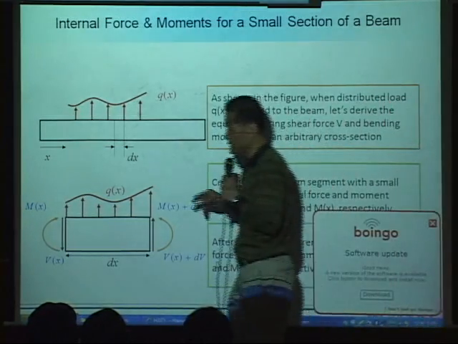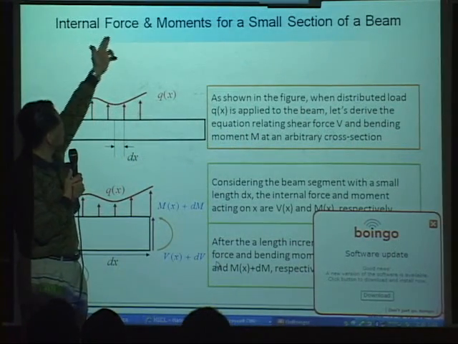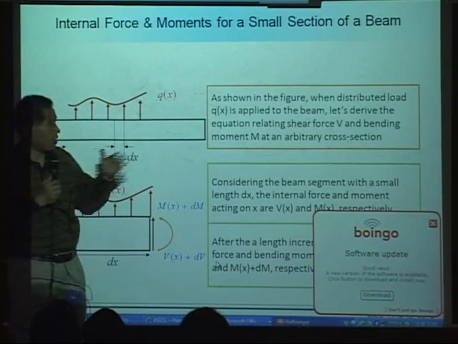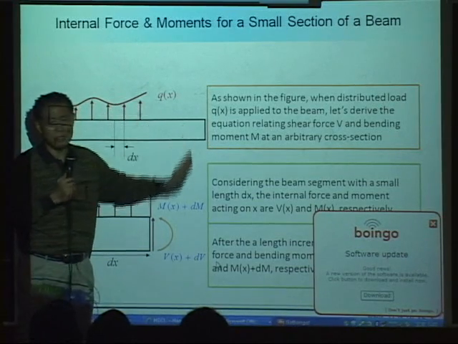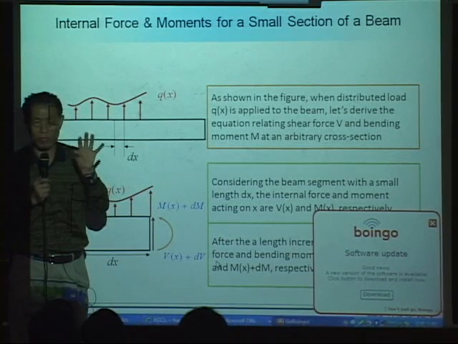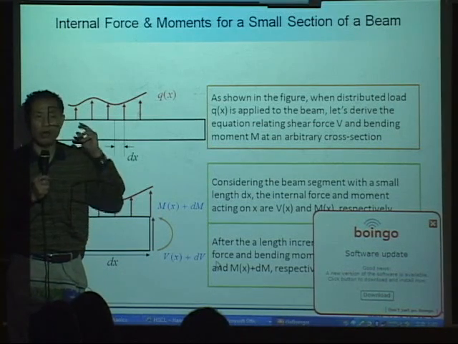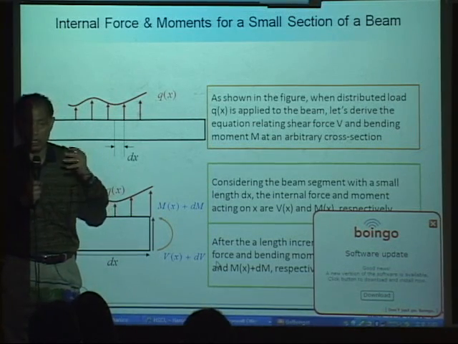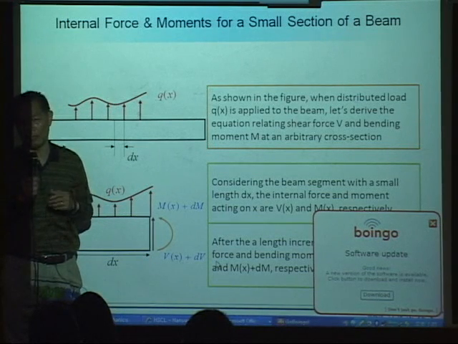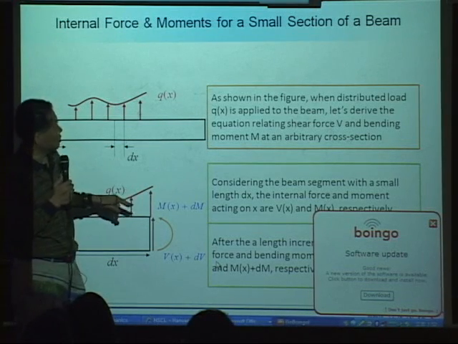Now we are looking at how the internal force and moment should be distributed inside this section. There must be some relation. There must be some equation which governs the distribution of internal shear forces and bending moment. That is called the beam differential equations.